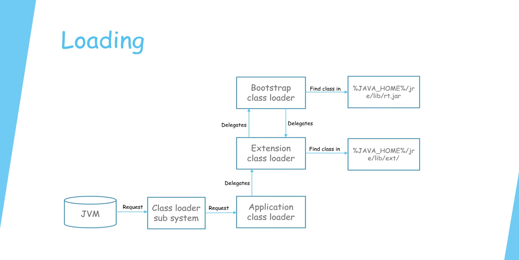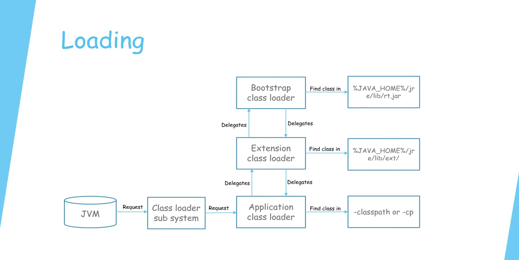Otherwise, the request will be delegated to application class loader. Now the application class loader will search the class in the application class path. The application class loader is responsible for loading the class from the class path which is specified using -cp or class path parameter while invoking your application. If the class is found in the application class path, then it will get loaded.